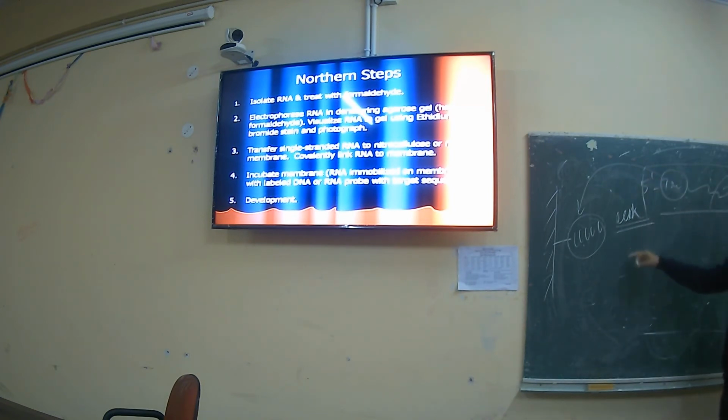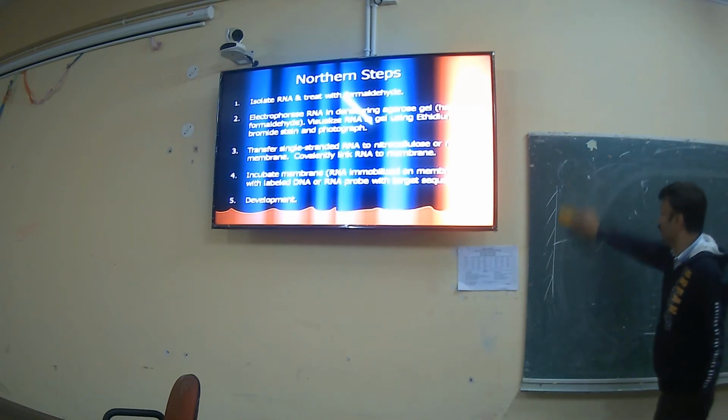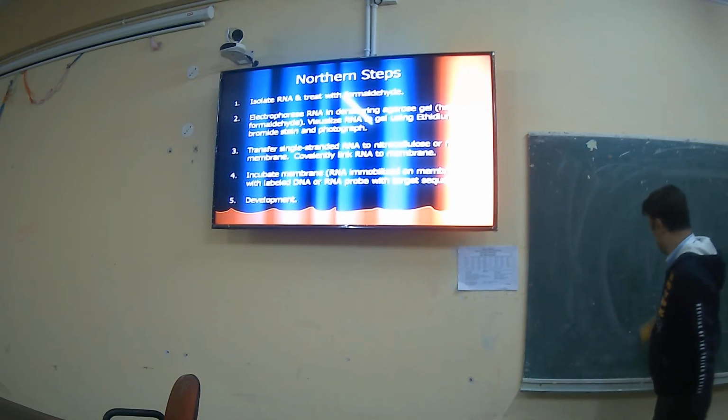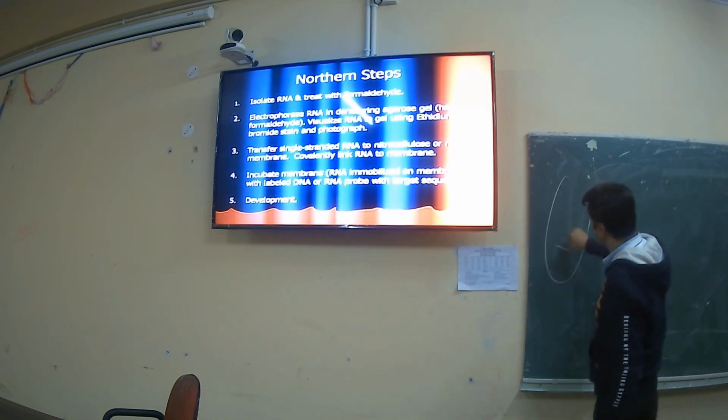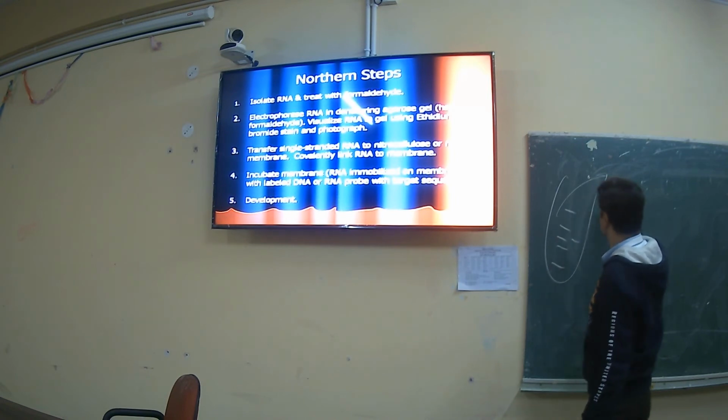Transcription is the only mechanism by which DNA converts into mRNA, and transcription is also present in prokaryotes. So how can you find out whether this is a prokaryotic mRNA or a eukaryotic mRNA? In this mixture there are lots of RNAs, and you have to count only the eukaryotic mRNA.